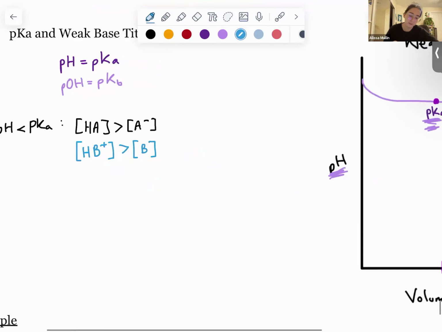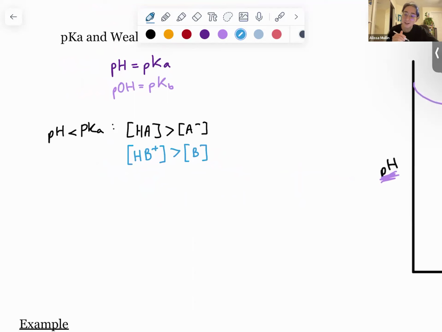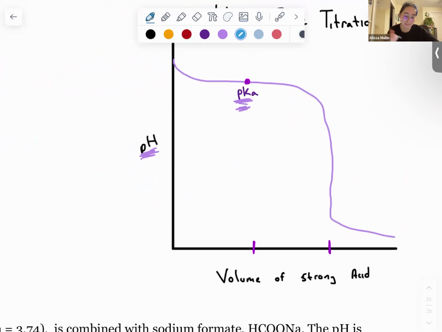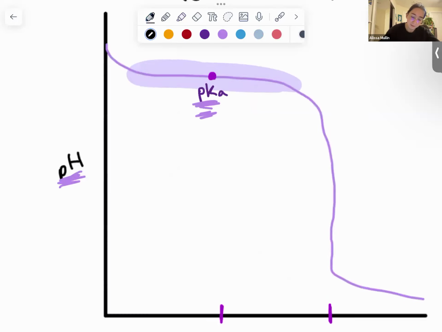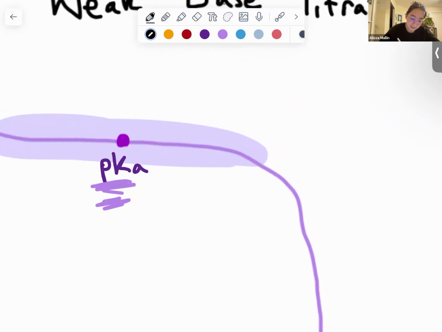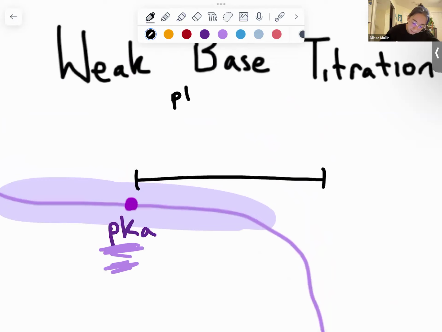So let's look at that on the graph. When pH is less than pKa, at least for me, this is the weird part. So this is our buffer region, right? That first flat part. But on this graph, we're starting at a high pH, right? So this is actually the section where we have pH less than pKa.